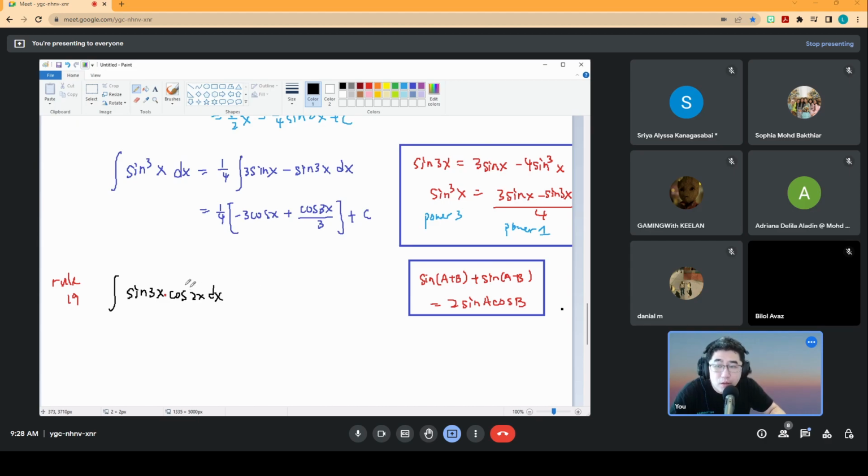So over here, how to actually use this? I will read this form as sine A cos B. Although I'm missing a 2 there, the 2 will be shifted to the other side.